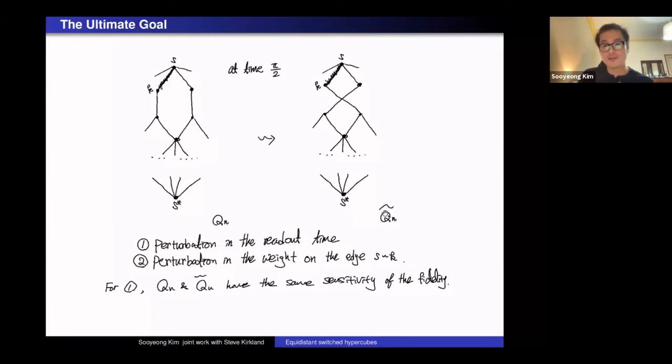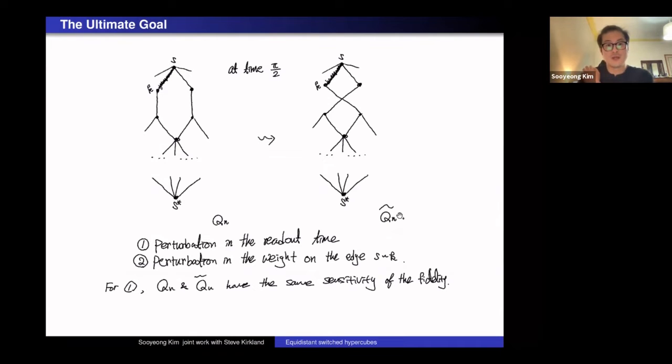I mean, Q tilde N becomes sensitive when you perturb some other edges. So it looks like equilibrium. When you perturb this part, Q tilde N becomes insensitive, but when you perturb the other part, Q tilde N becomes sensitive.